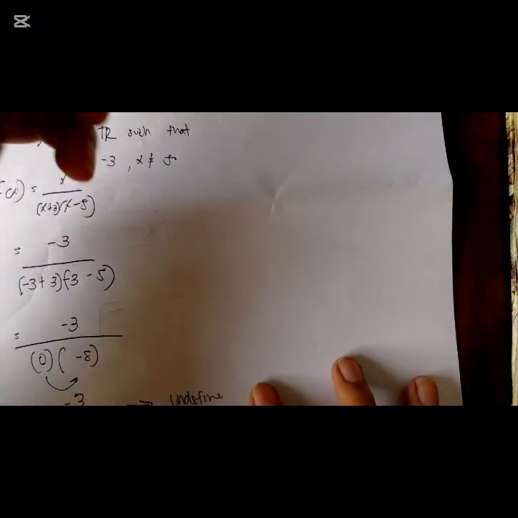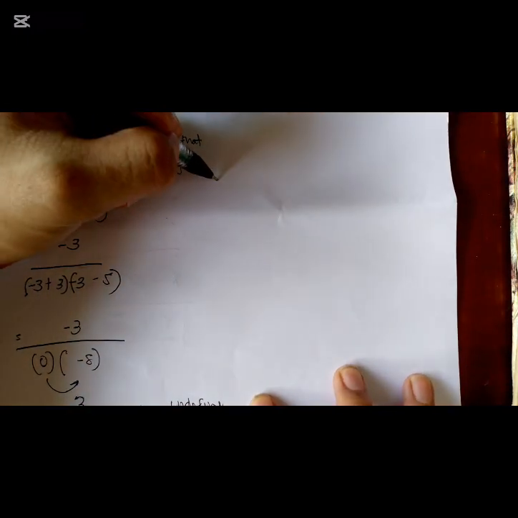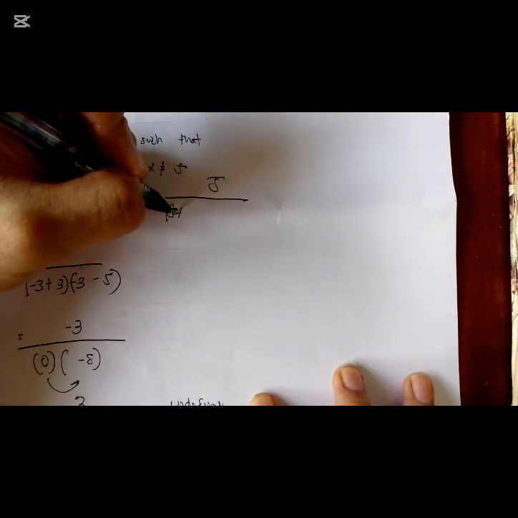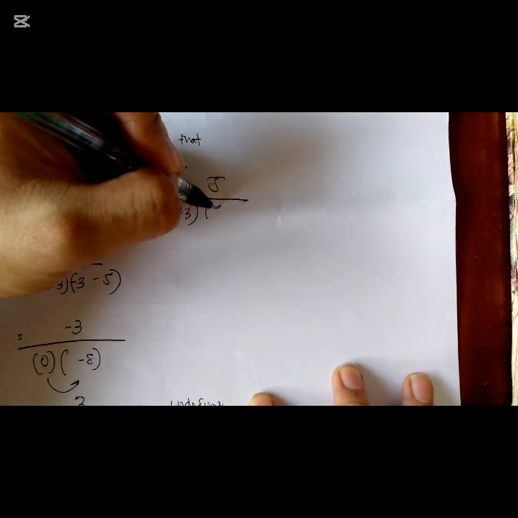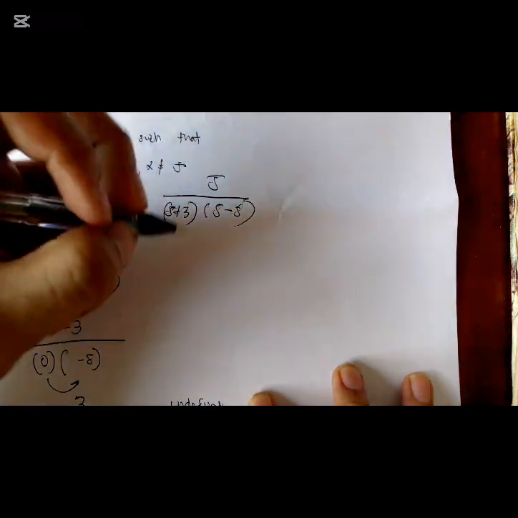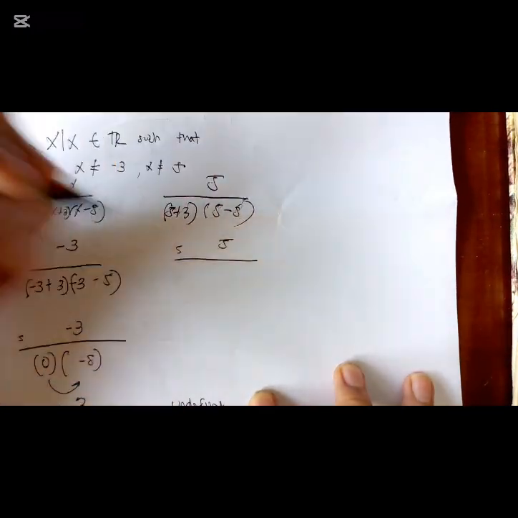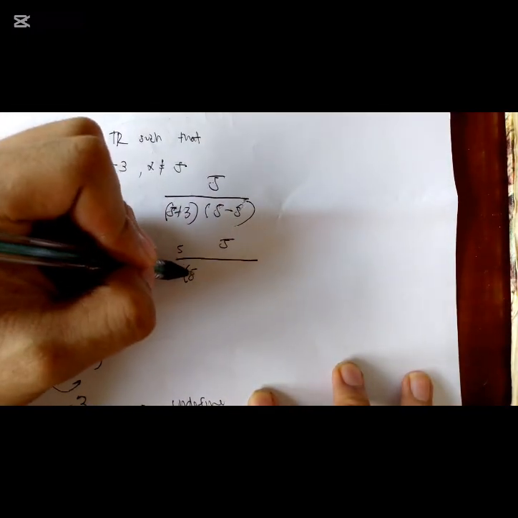As well as with 5: if we substitute 5, we get 5 over (5 plus 3)(5 minus 5), which equals 5 over 8 times 0. Why?